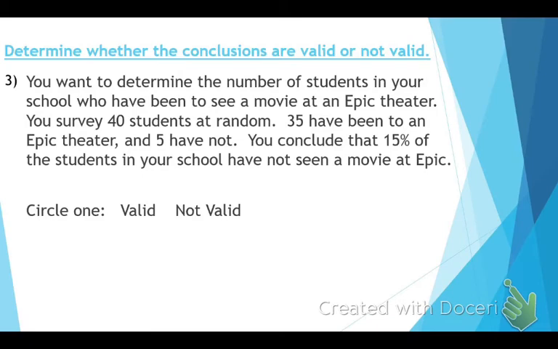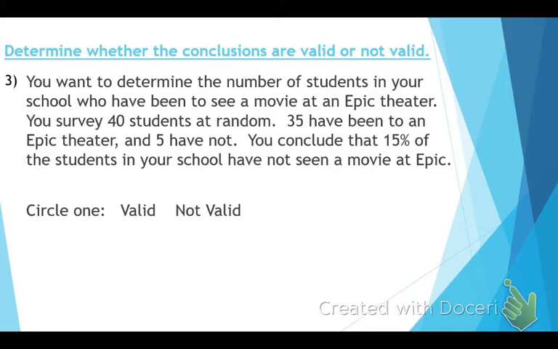Now moving on, we're going to talk about whether something is valid or not valid. Valid means truthful. Not valid means not truthful. Number 3 says you want to determine the number of students in your school who have been to see a movie at an Epic Theater. Raise your hand if you've ever been to the Epic Movie Theater, okay? I know there's AMC, there's different kinds, but this one is specifically talking about those who have been to the Epic Movie Theater.